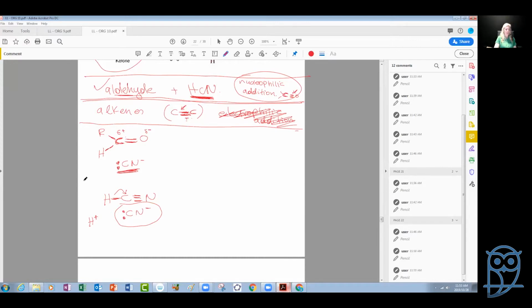So what happens now is that this lone pair of electrons will attack this partially positively charged carbon, is attracted there, and obviously at the same time this double bond will break, and the pair of electrons associated with one of the bonds will go to the oxygen.